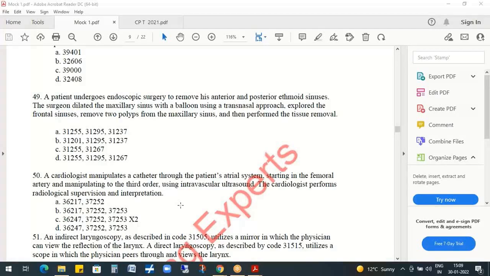In C and D, where is the difference here in 37253? Go for 37253. Each additional non-coronary vessel. How many non-coronary vessels are there here? A cardiologist manipulates a catheter.